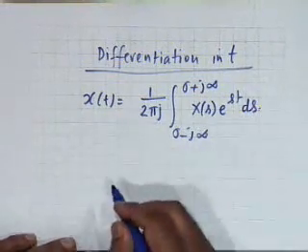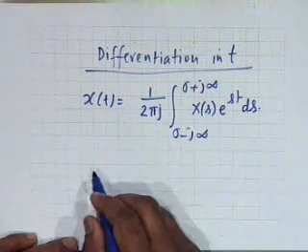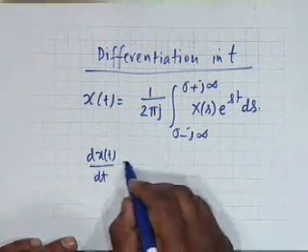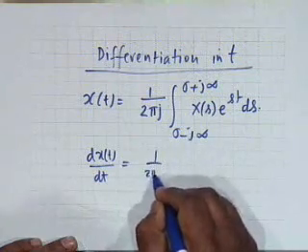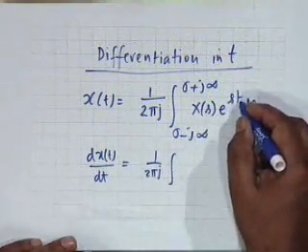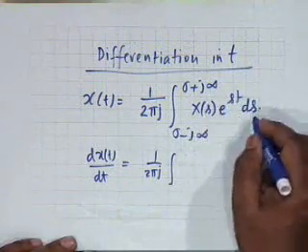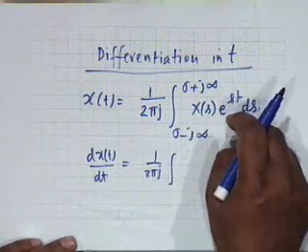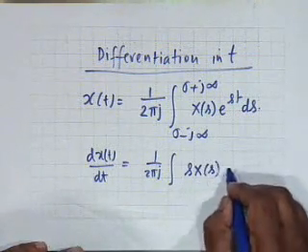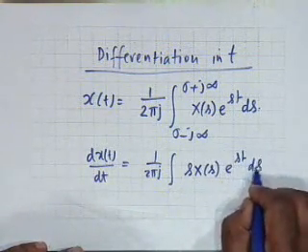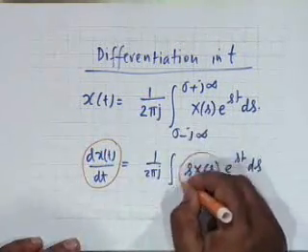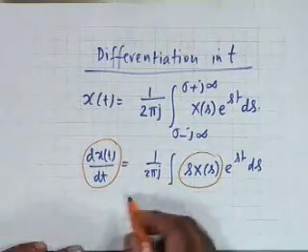If I differentiate both sides with respect to t, then dx(t)/dt becomes 1 by 2 pi j integral, same limits. Since t is a constant as far as this integration is concerned, we can differentiate within the integral, and therefore what we get is s X(s) e to the st ds, which means that dx/dt is the Laplace pair of s times X(s).